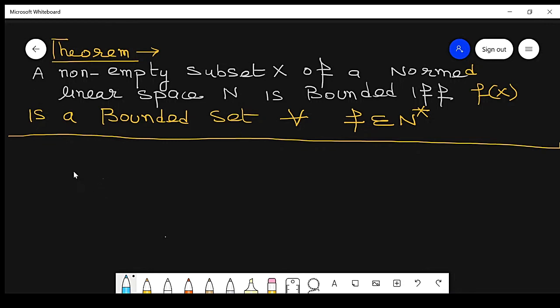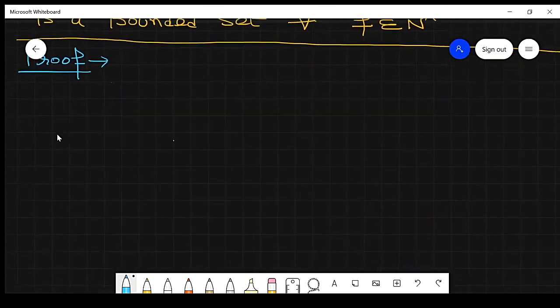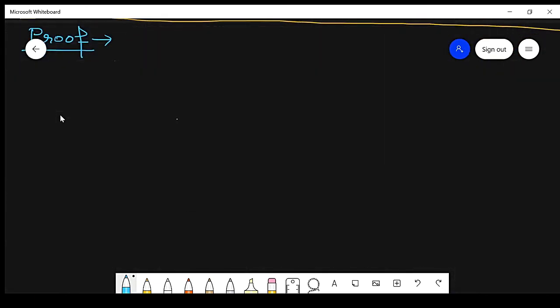Now the proof of this result. Let X be a bounded subset of N. This is a non-empty subset.